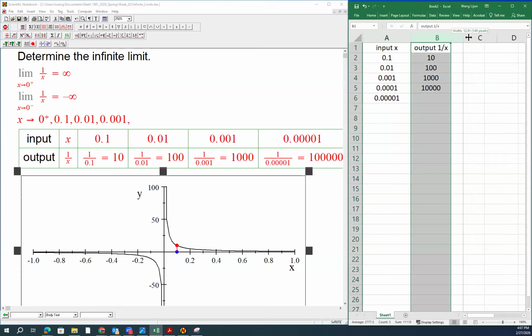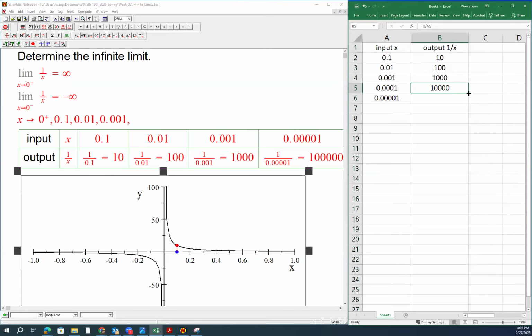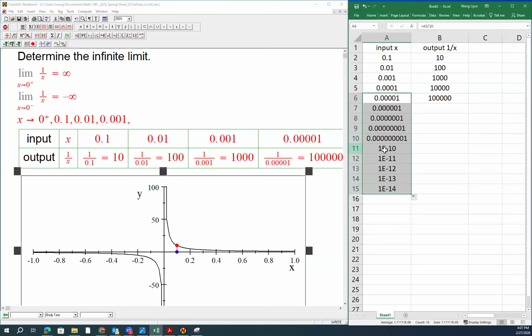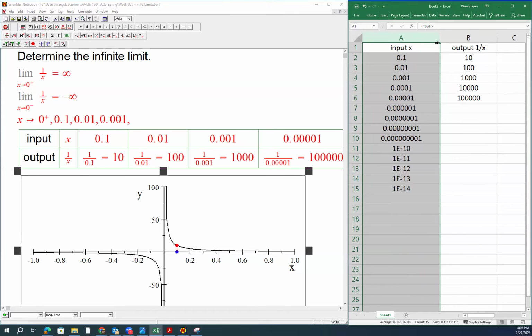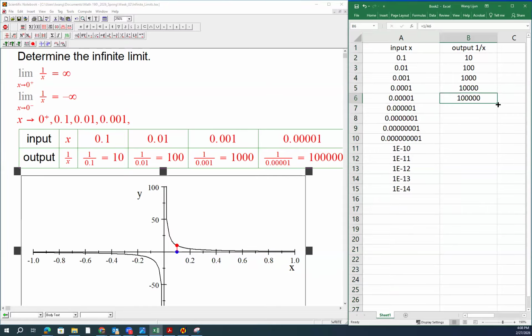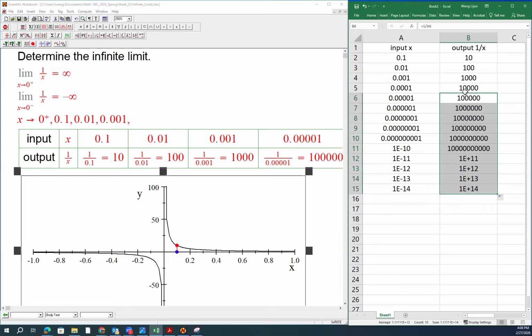And the output is going to be even larger. So if we let this pattern go, let me show you all these. Now you can see as we get a smaller and smaller input, which is getting as close to 0 as possible, the output is getting as large as possible.